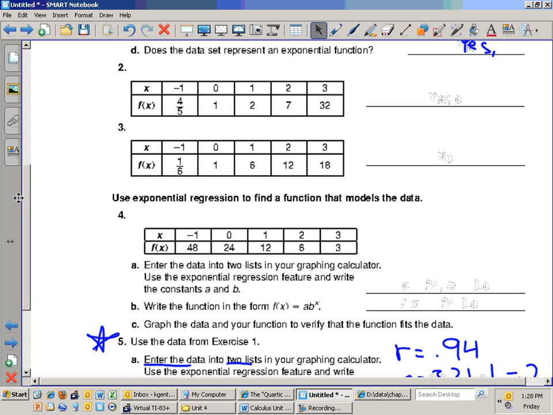Okay, let's check to see if this data represents something that is exponential as well. I look at the top differences. What's the difference in the x values each time? 1, 1, 1, 1. So that works out. Let's look at the difference in the y values. What's the difference between 4/5 and 1? What's the difference between 1 and 2? And 5, then 25.